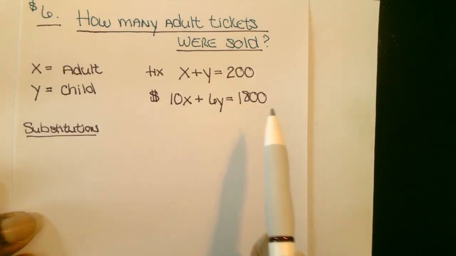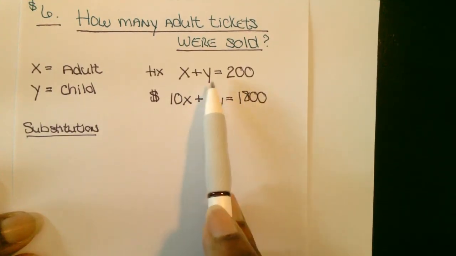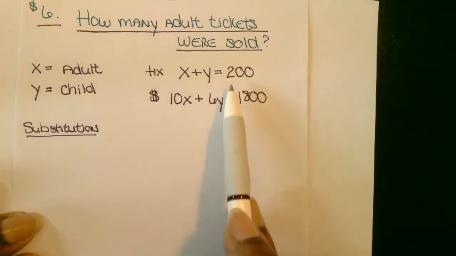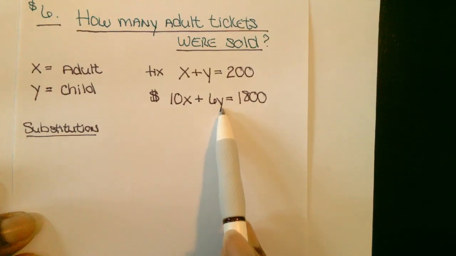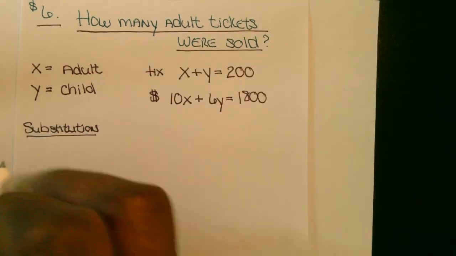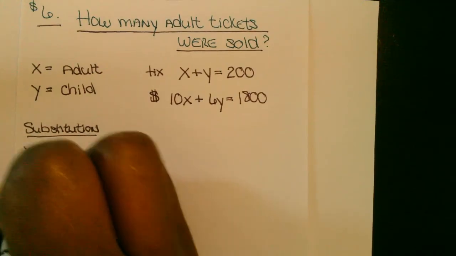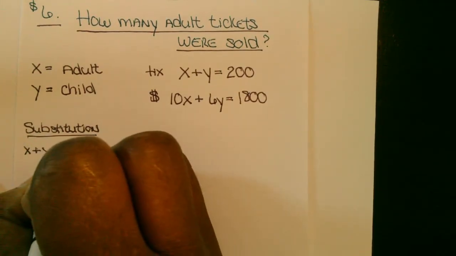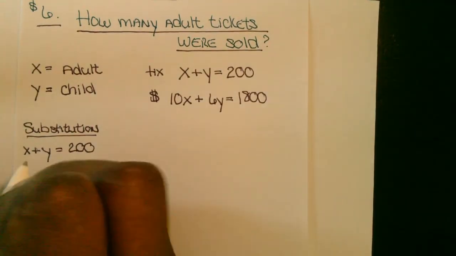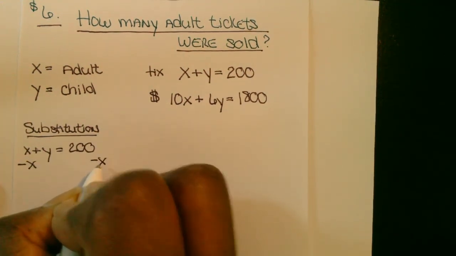I'm going to solve this top equation for y, because when I do that, I can substitute into the other equation for y so I can get my x's. So this is what you do. We have x plus y is equal to 200. But if we solve it for y, that means I have to subtract x.